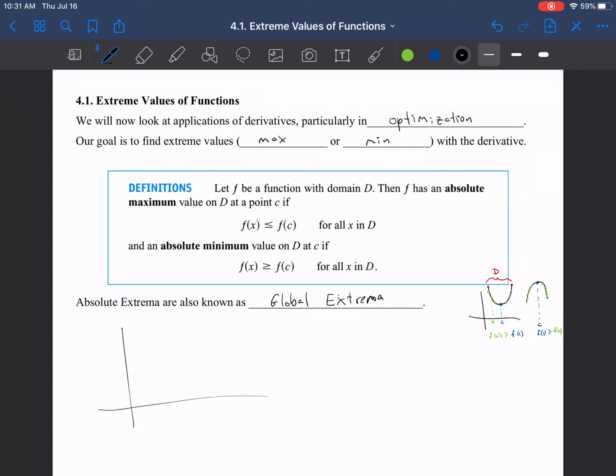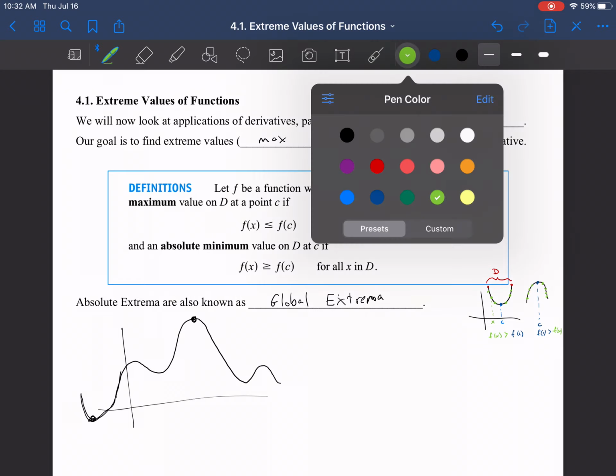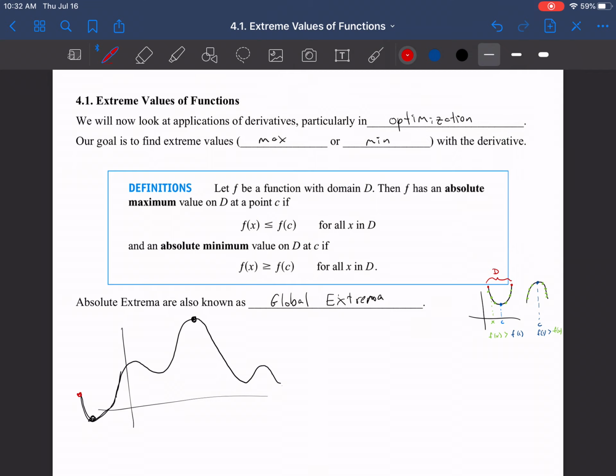I might have a function shaped like this, and I can see that this point up here and this point here are the absolute highest and lowest points, assuming this is my domain from here to here. This up here would be a global maximum, and this would be a global minimum.